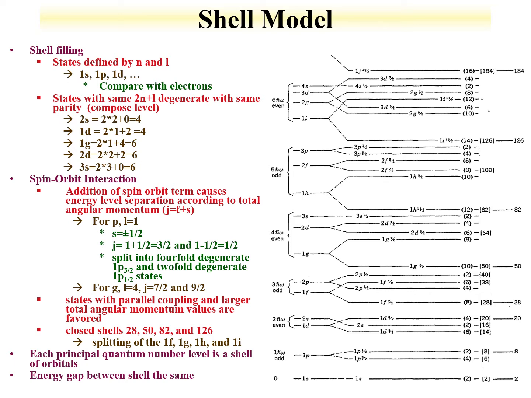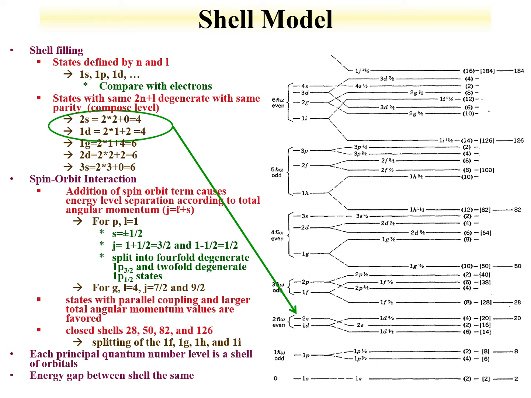As an example, look at this state composed of the 2s and 1d states. For 2s, 2 times 2 plus 0 is equal to 4, because n is 2 and l is 0 from s.